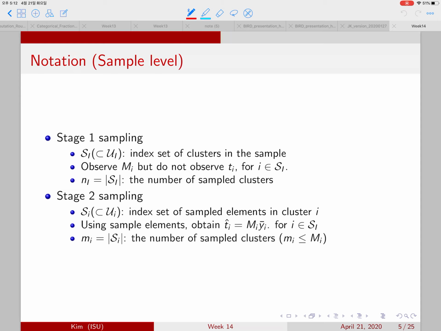Now at the sample level, we have additional notation. In stage 1 sampling, we select S, which is a subset of U, the sampled clusters.